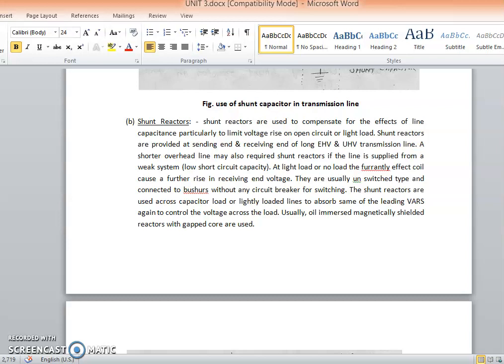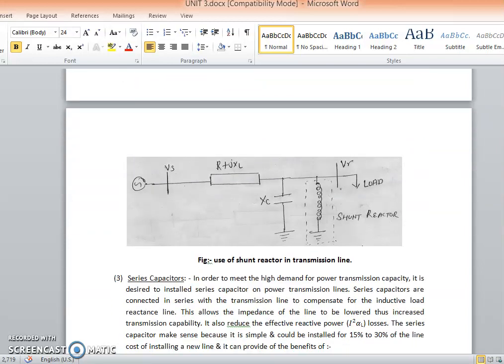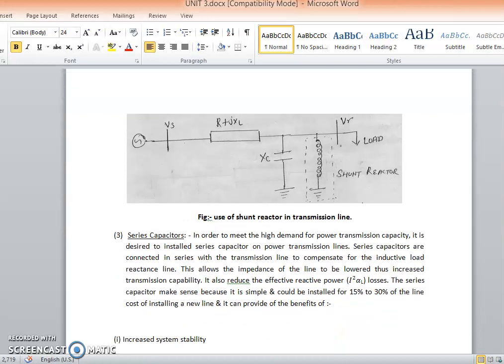If the line is supplied from a weak system, with light load or no load, due to the Ferranti effect, the coil is connected to the busbars without any circuit breaker for switching. Shunt reactors are used across capacitive load to again maintain the voltage profile in the proper way. This is the diagram of a shunt reactor inserted in the transmission line.